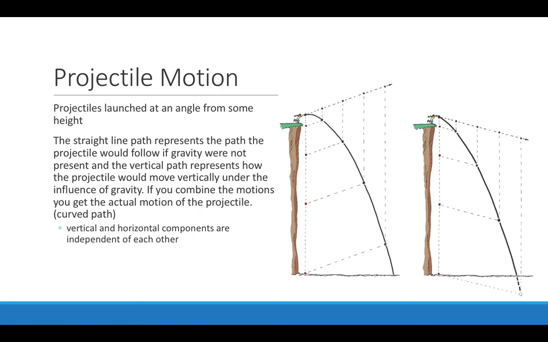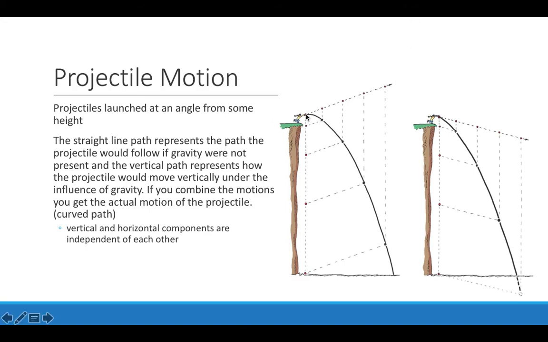The way that we looked at projectile motion conceptually actually works if the object is thrown from the top of a cliff or a building, or at any given height, and if it's launched at some angle. We go through that same process and just combine those motions.